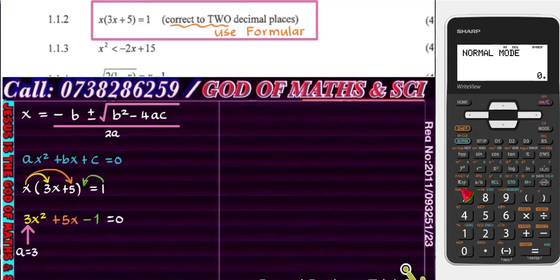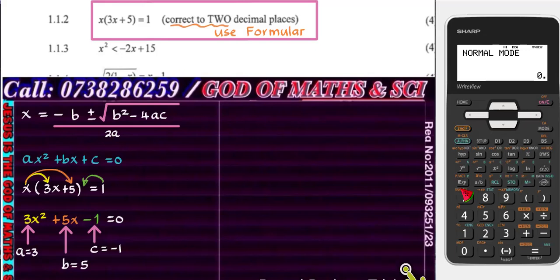That one is our b, which equals 5. And then you've got another one, which is your c, which equals negative 1. Now we can put it in the calculator. Are we good? Yes, I'm following.